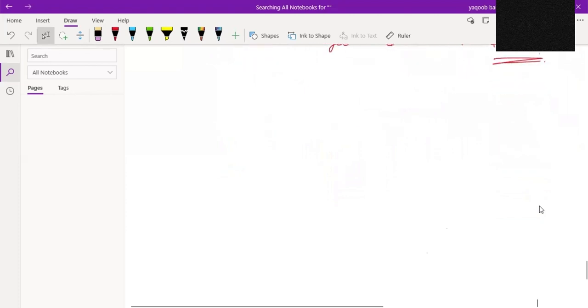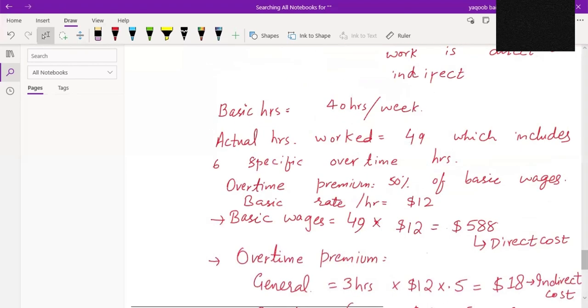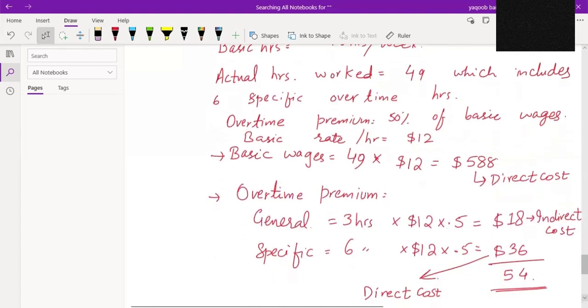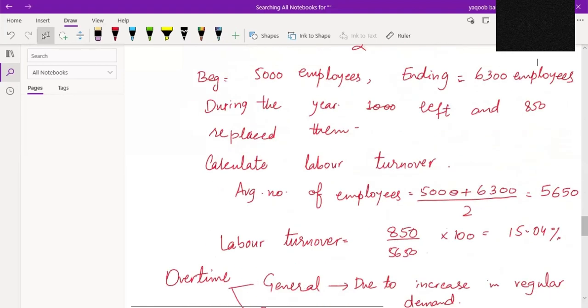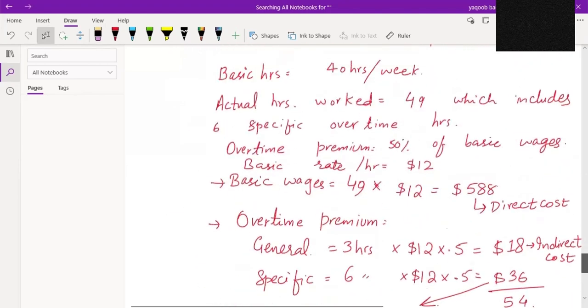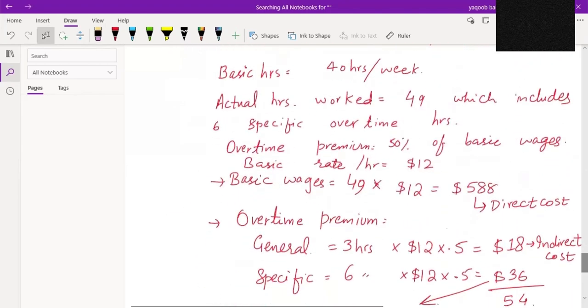Suppose I just change the type of labor with the same data, then understand what will be the changes. This time we are saying it is indirect labor.